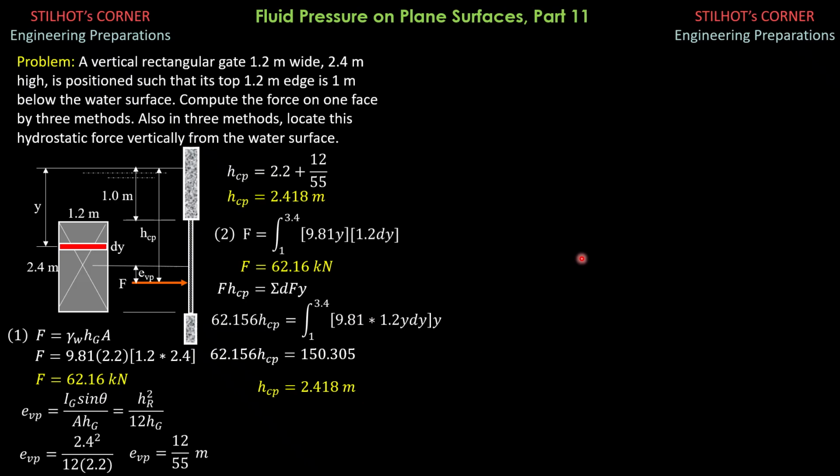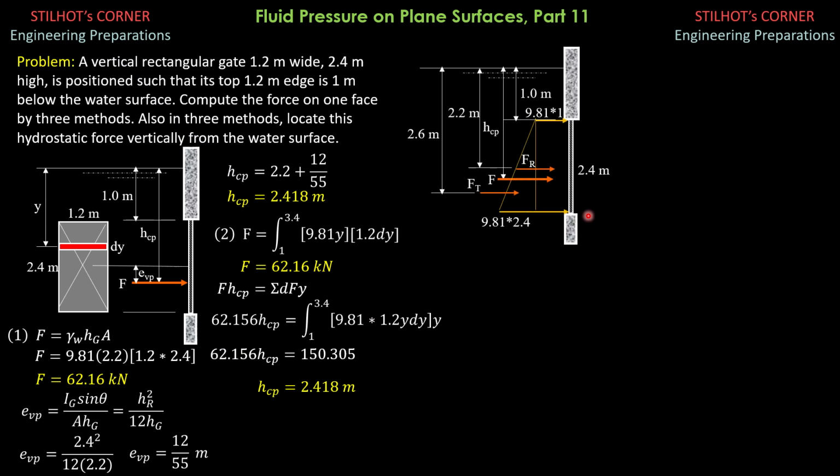Then for the third method, I use the pressure diagram, which consists of a rectangle and this triangular part. Take note that perpendicular to the screen, the width of this wedge, which consists of a rectangular wedge and a triangular wedge.